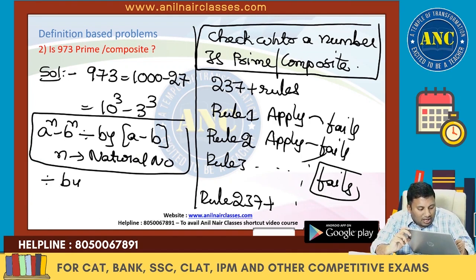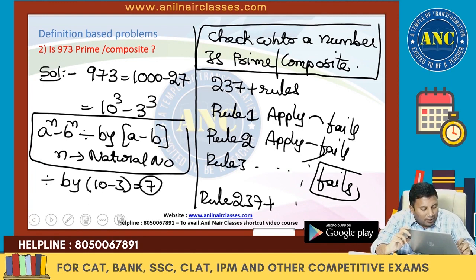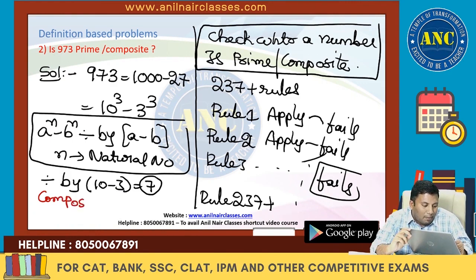That means this number is divisible by 10 minus 3, which is 7. If a number is divisible by 7, other than 7 itself, it cannot be a prime number. So the answer for this question is composite number.